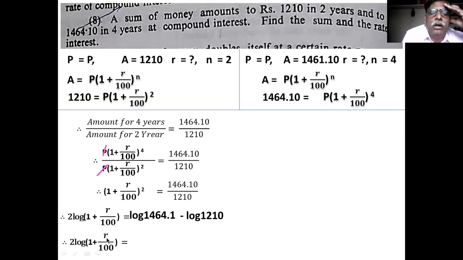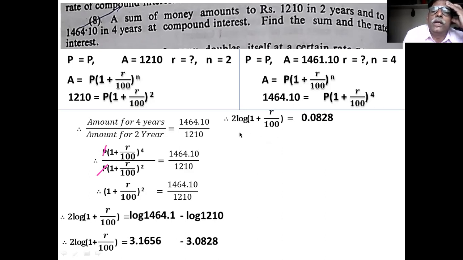If you apply the log, the characteristic is 3, and .1656 is the log value, minus 3.0828. 0.0828 is the log value of 1210. Okay. If you deduct, in the next step its value is 0.0828.